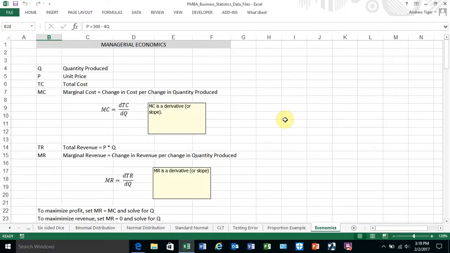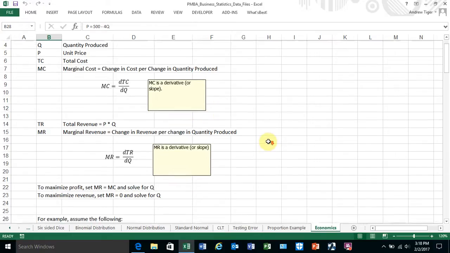The marginal cost is the change in the total cost as a function of quantity, and the marginal revenue is the change in the revenue as a function of quantity. The total revenue is what you generate once you establish a quantity that will control price. Price times quantity is what the revenue will be.